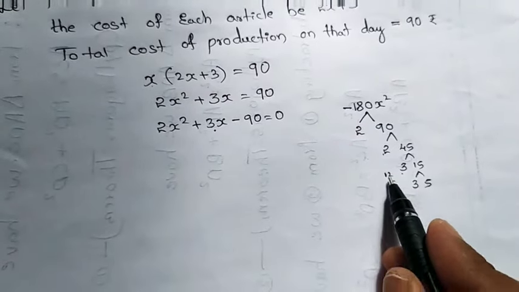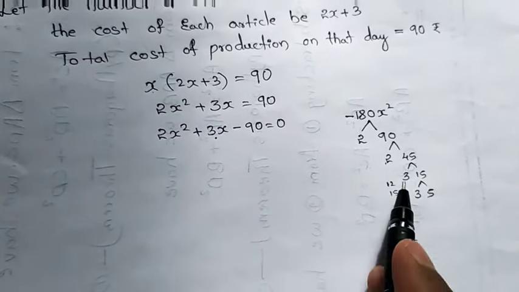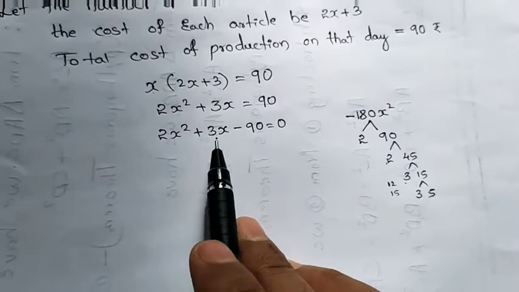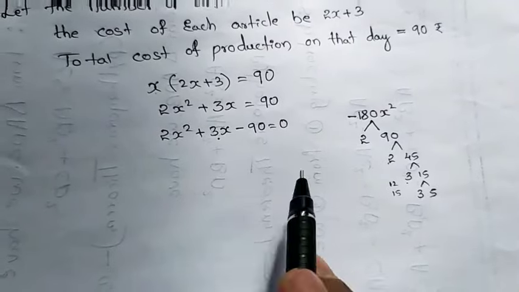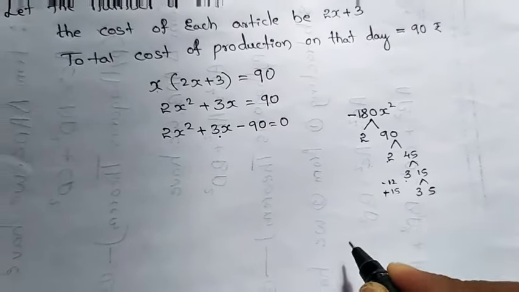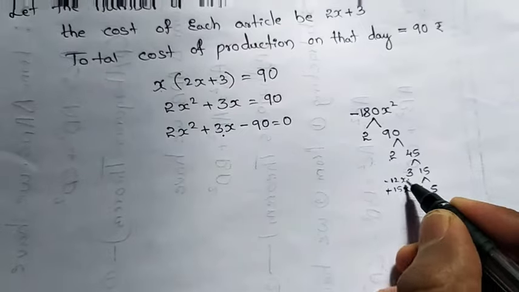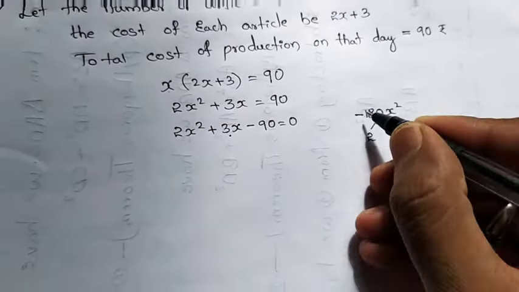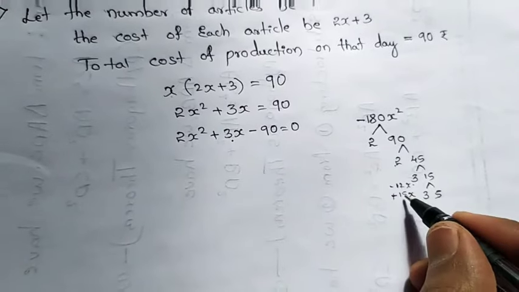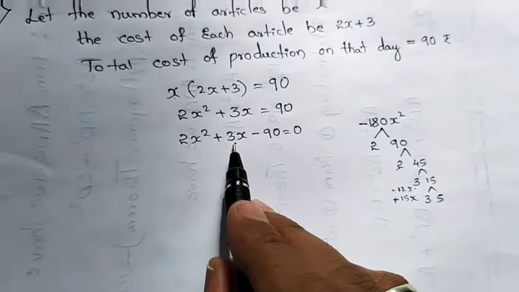Subtract 12 from 15, you will get 3. If you multiply 12 into 15, we will get 180. So the splitting numbers are that, with plus 3. I will take the bigger number as plus, smaller number as minus. If you subtract 15x minus 12x, we will get here 3x.